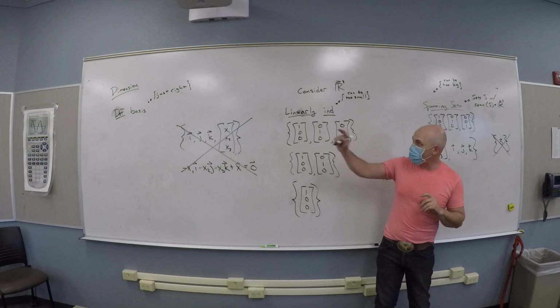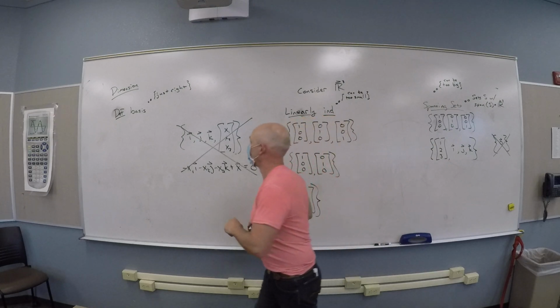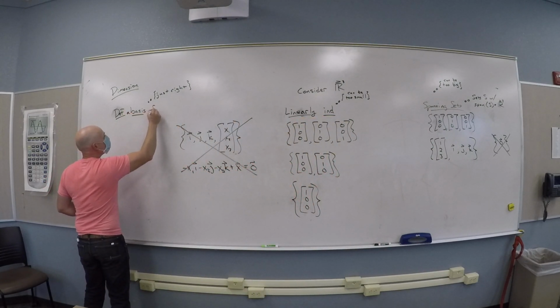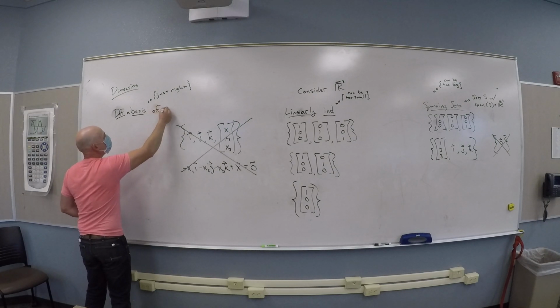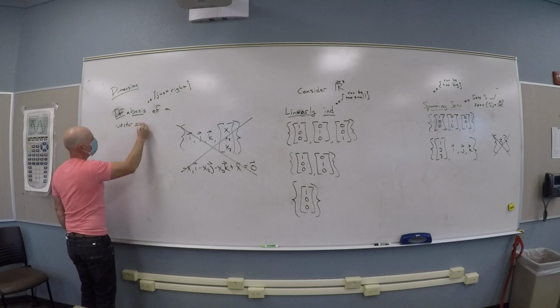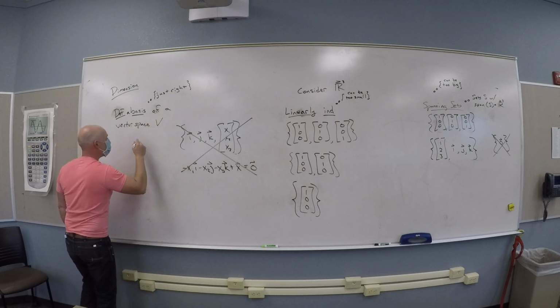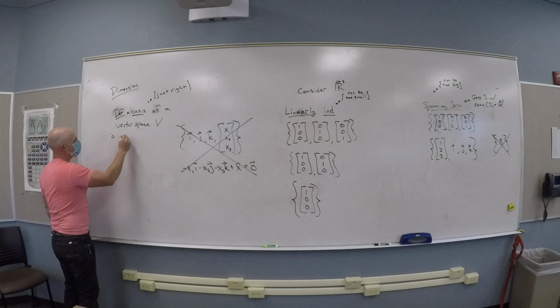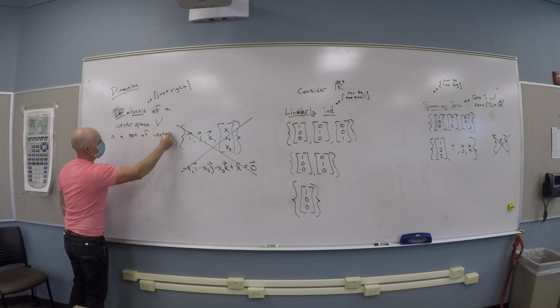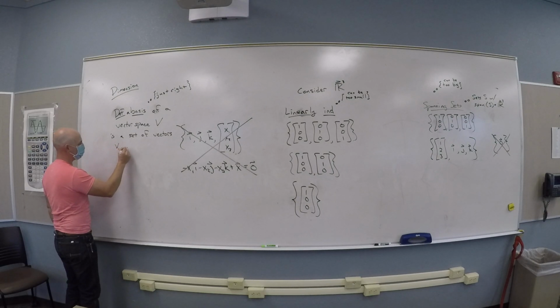So a basis of a vector space V is a set of vectors v1 through vn.